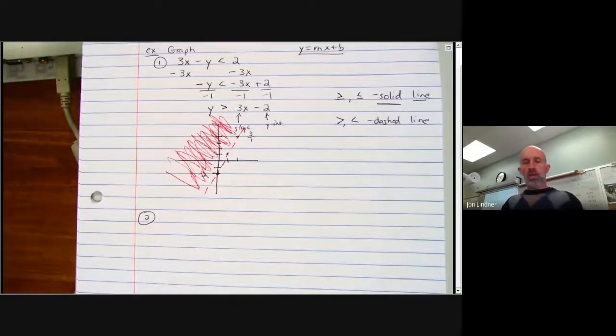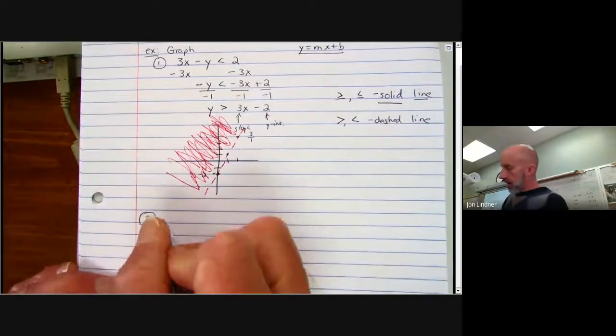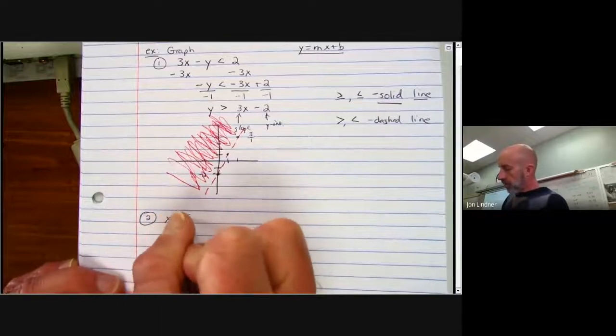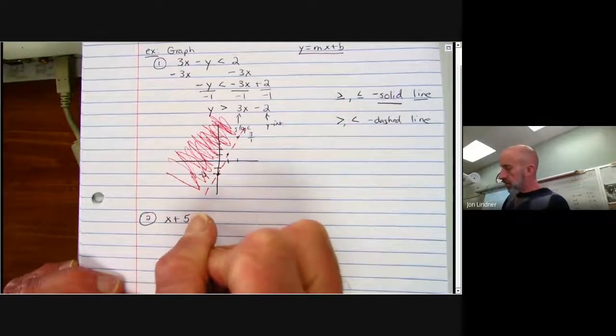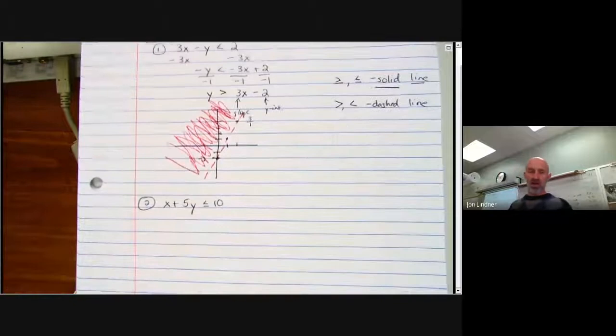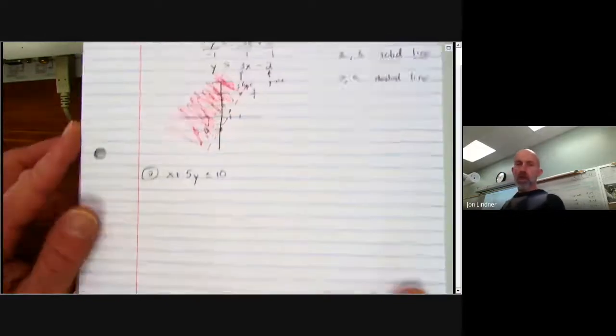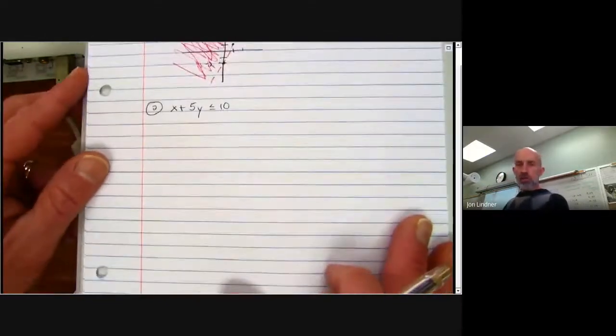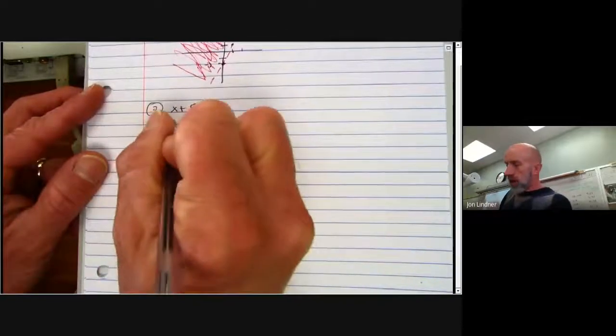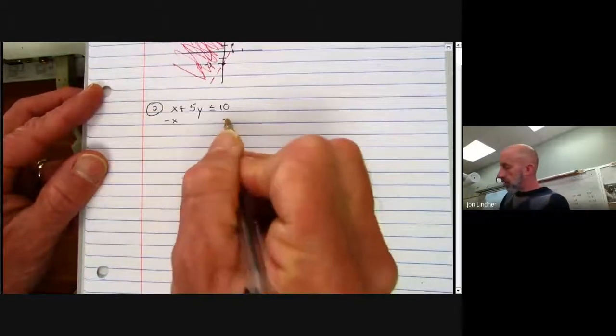Let's say that we had x plus 5y is less than or equal to 10. Once again, we are not in slope-intercept form. Let's get it in slope-intercept form. So I would subtract x from both sides.